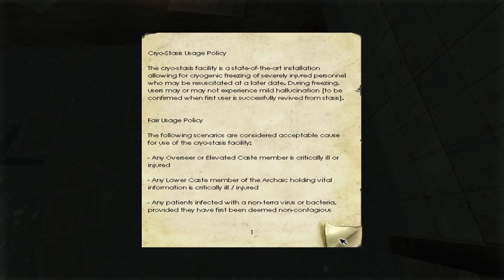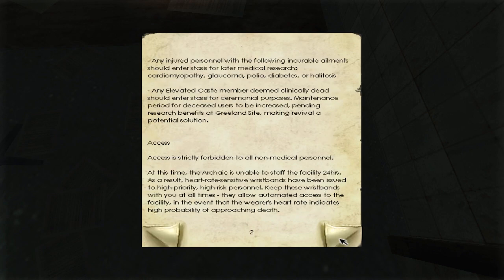The following scenarios are considered acceptable cause for use of the cryostasis facility. Any overseer or elevated caste member is critically ill or injured. Any lower caste member of the archaic holding vital information is critically ill or injured. Any patients infected with non-Terra virus or bacteria, provided they have first been deemed non-contagious.